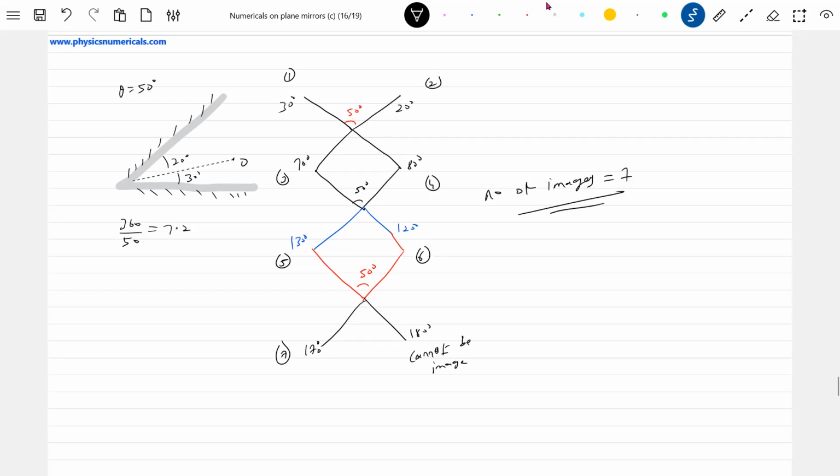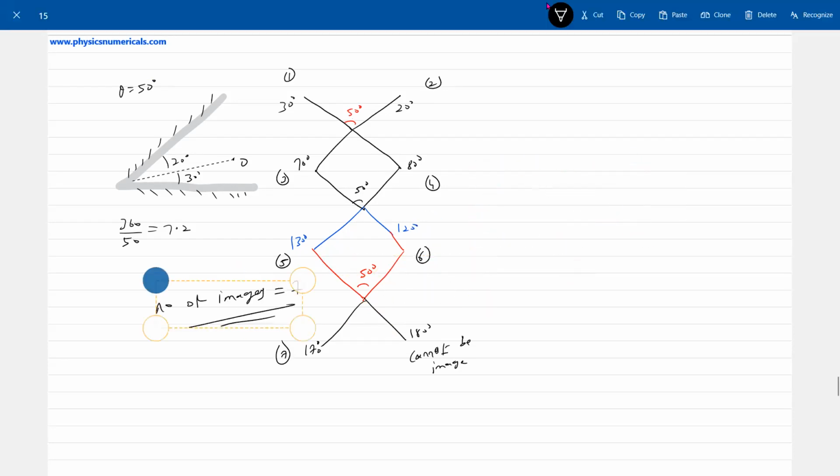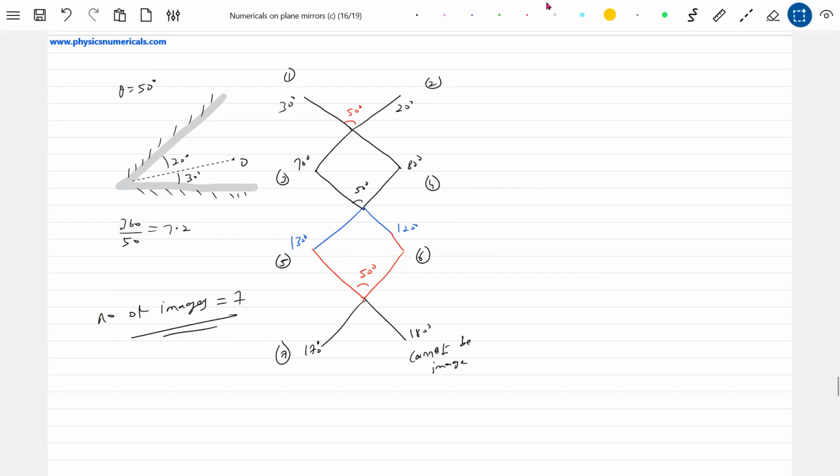And the same problem, if it is placed symmetrically, same thing. Let me place it symmetrically, 25 degrees, this object too. And in this case, again, that's the same thing, no? 7.2, so we'll trace out the images.